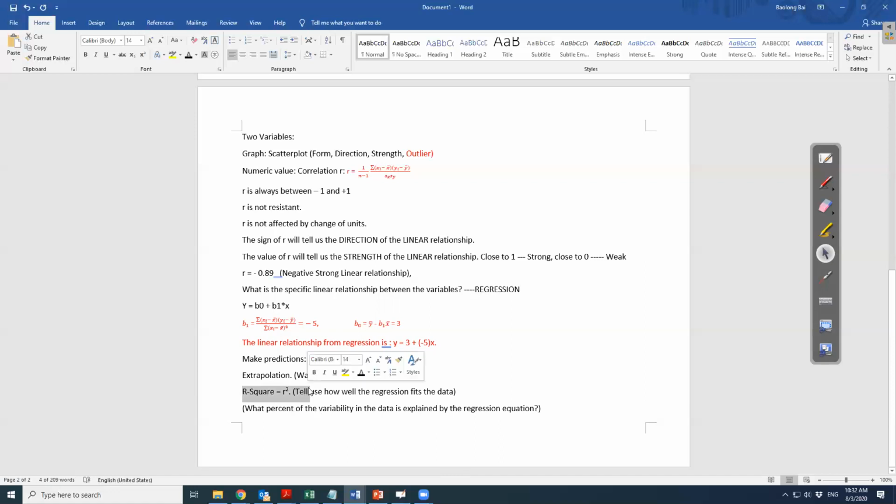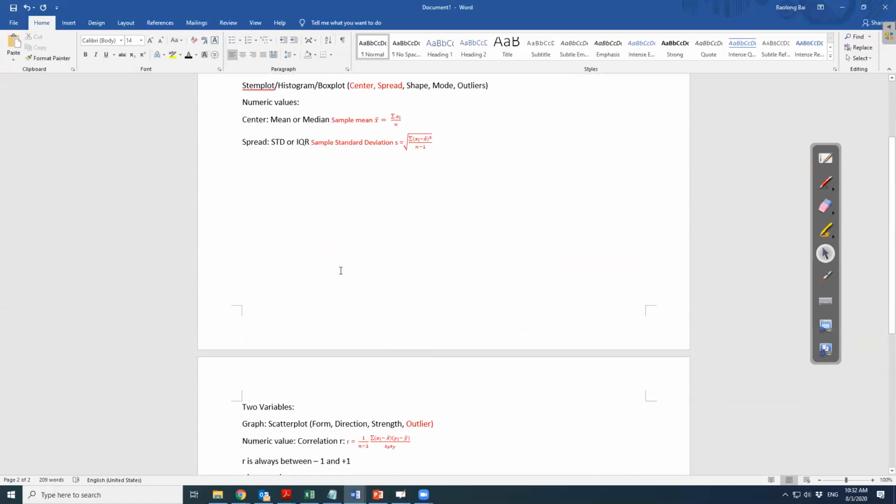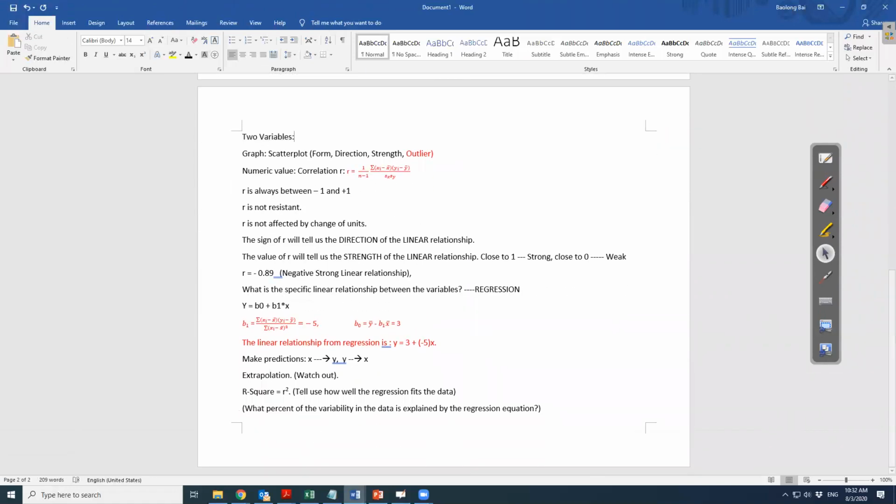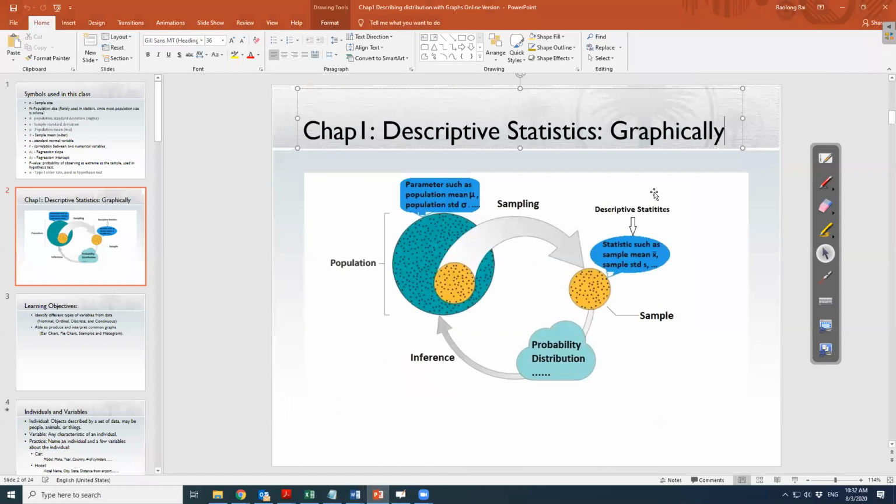Find it. If R is 0.8, then R squared is 0.64, that'd be 64%, right? And so on. So this is it for describing data. You can describe a single variable or you describe the relationship between two variables, and that's it. So we're done with the descriptive statistics part, right?